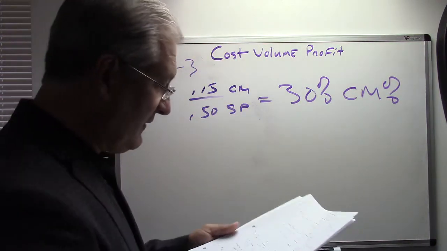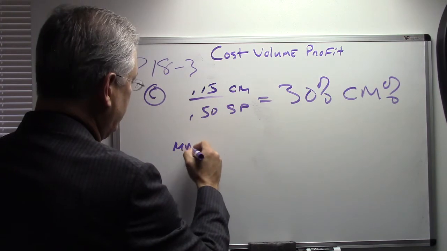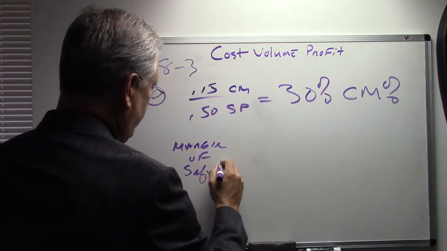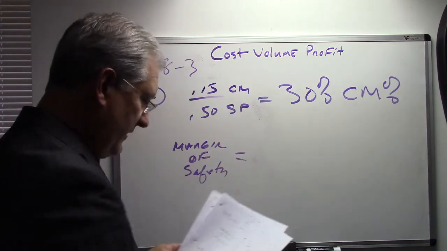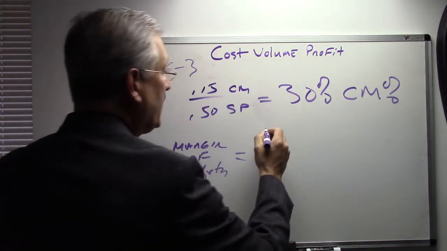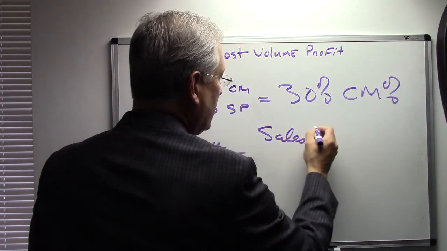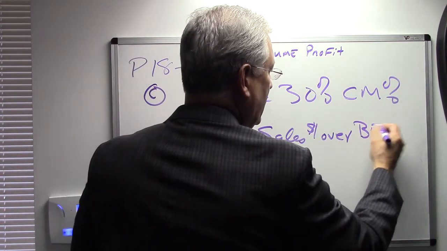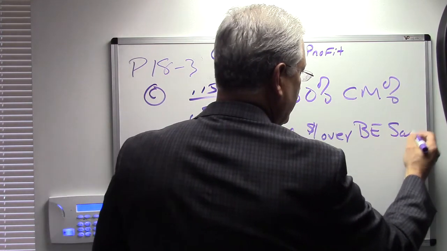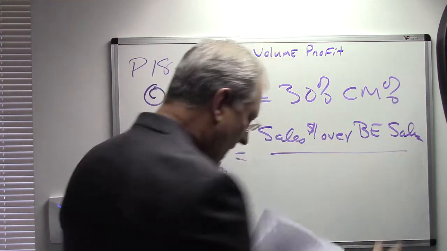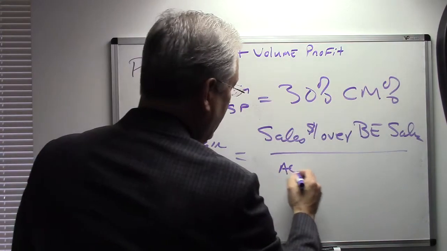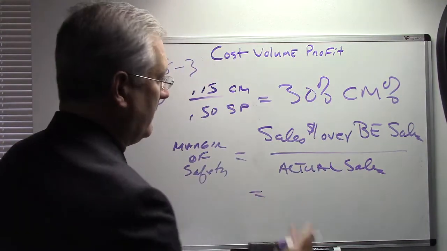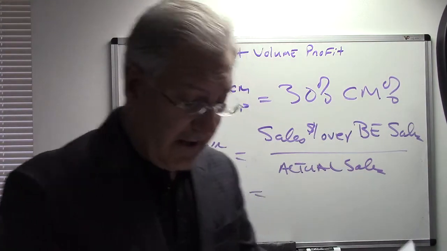So now they're asking for the margin of safety. And the margin of safety is going to be sales dollars over break-even sales divided by actual sales. So the sales over break-even sales, right?